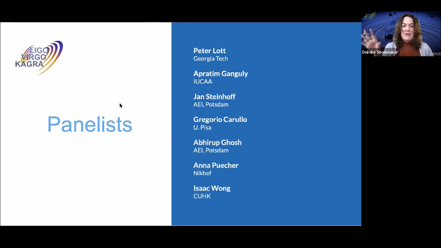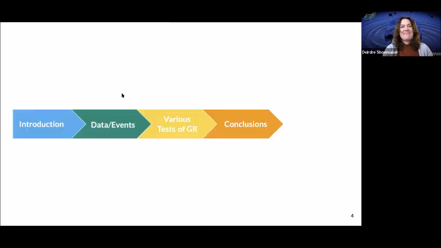I will have the question and answer window open, and we'll do our best to answer things live, but we also might answer in the chat if we have too many questions. So the way this webinar has been organized is basically walking through the paper. So you'll hear the introduction, then the general about the data, then the discussion of the various tests of GR before we conclude. And now I'll leave it to Arun to begin.